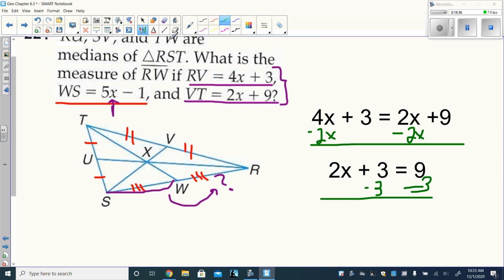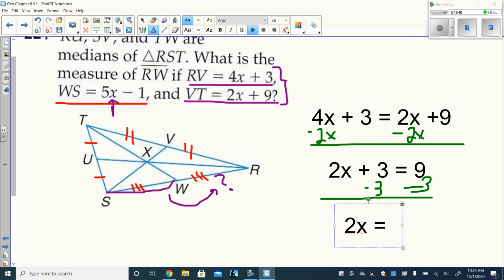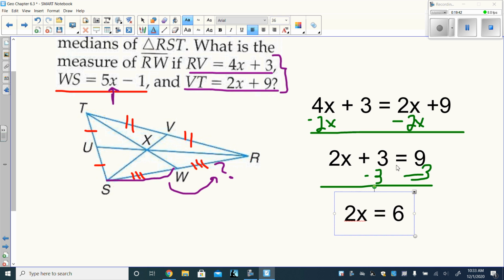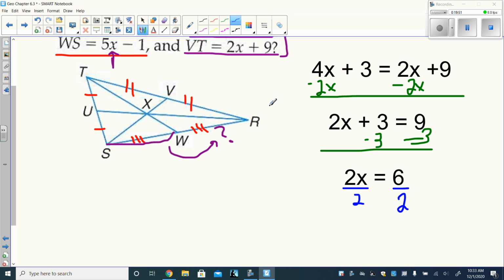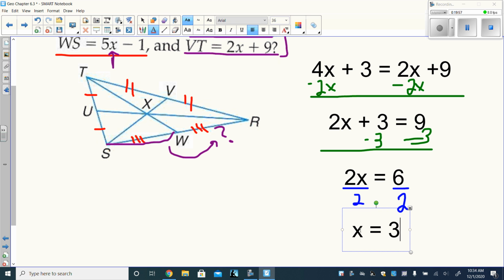And if we subtract 3 from both sides, I'm left with 2x is equal to 6. So we're almost done. I just need to finish getting x by itself, so I'm going to divide both sides by 2. And if I divide both sides by 2, I get x is equal to 3. X is equal to 3.